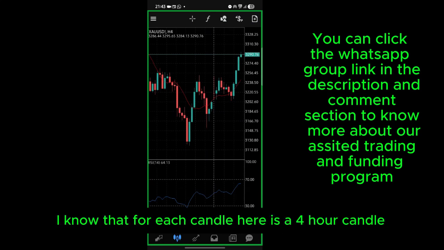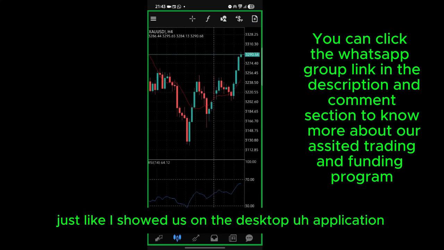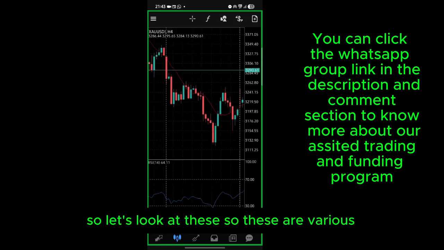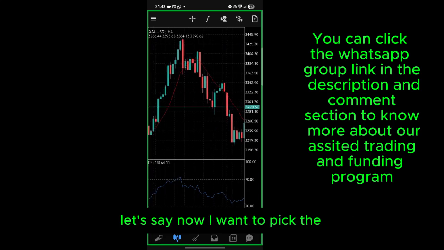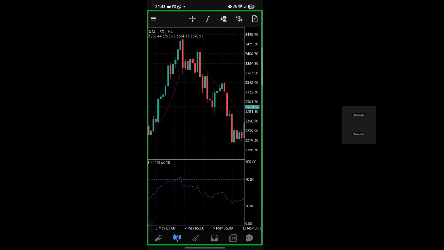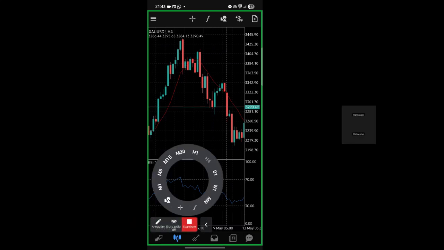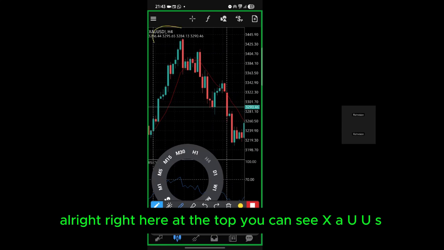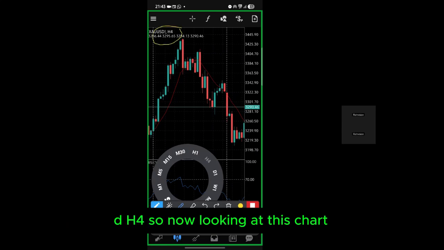With this, I know that each candle here is a 4-hour candle, just like I showed us on the desktop application. Right here at the top, you can see XAU USD H4. So looking at this chart, I know that this is gold's chart.